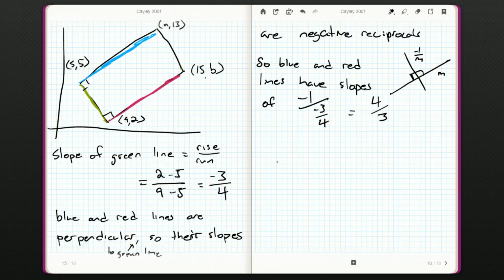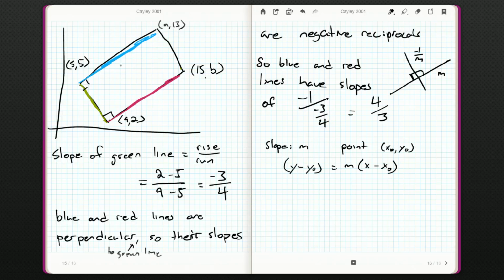So now we can use what's called point-slope form of the line. If I have a slope m and I have a point x0, y0 on the line, then I can get an equation of a line: y minus y0 is equal to m times x minus x0. This is called the point-slope form of the line because you need a point and a slope for it.